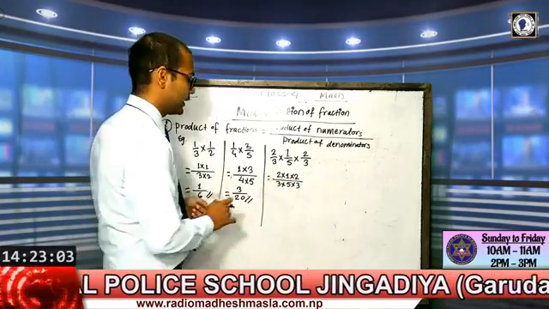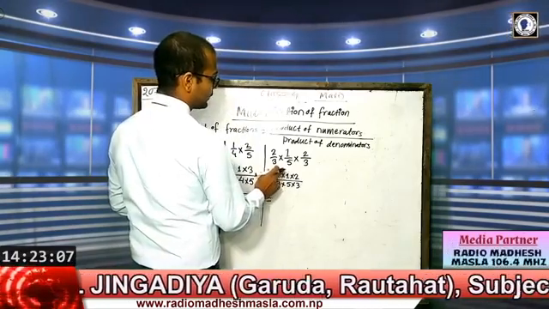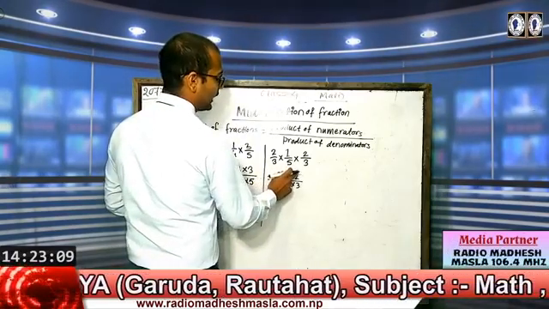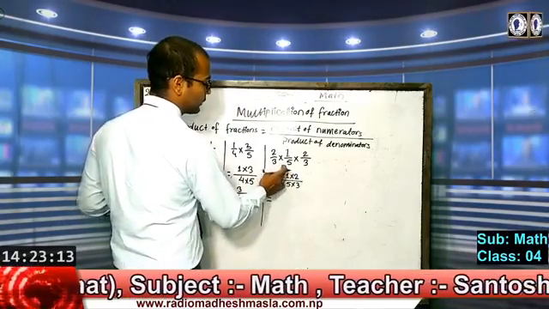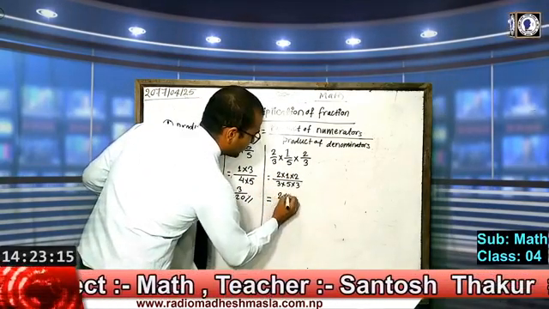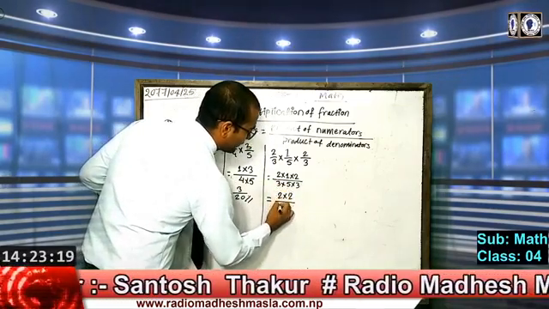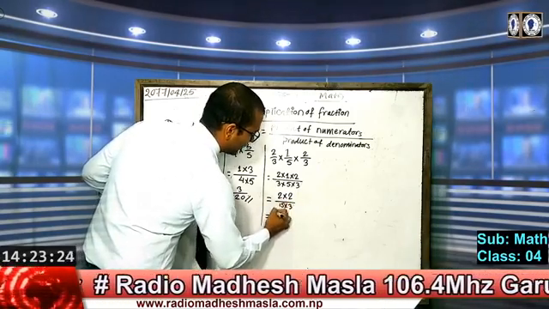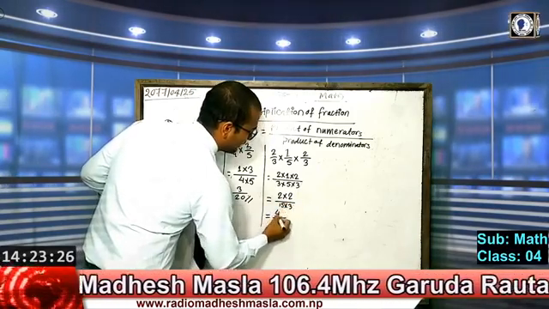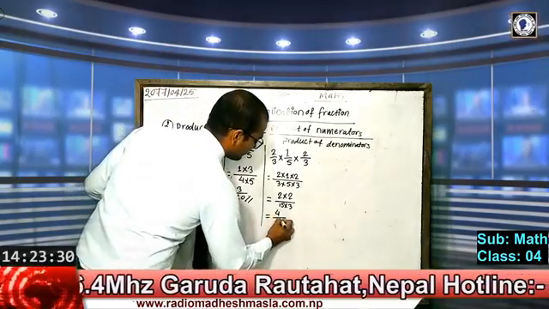So students, here 2 times 1 times 2 is 4, or you can multiply 1 by 1 also. So 1 times 2 times 2 is 4, and 3 times 5 times 3 is 45, so the answer is 4 by 45.